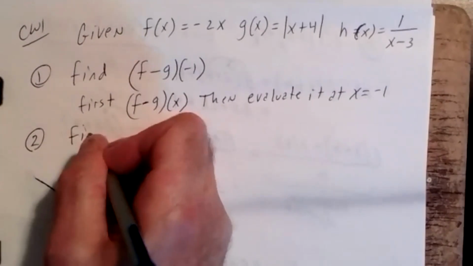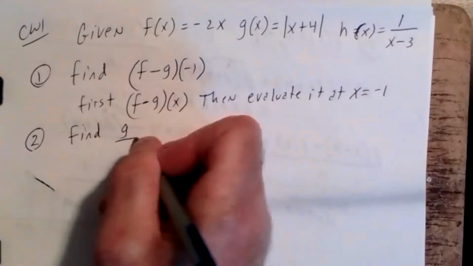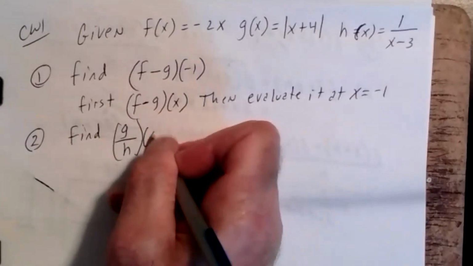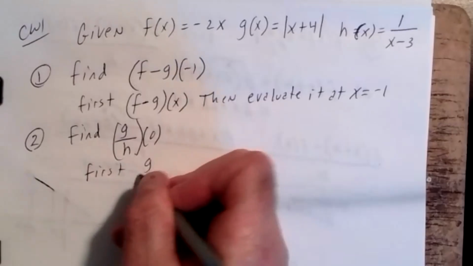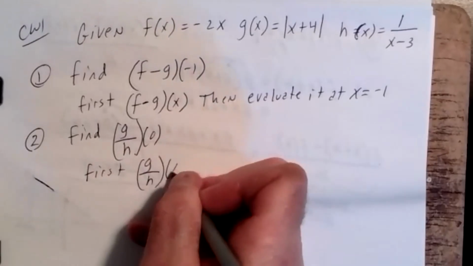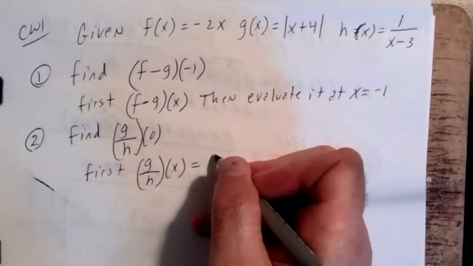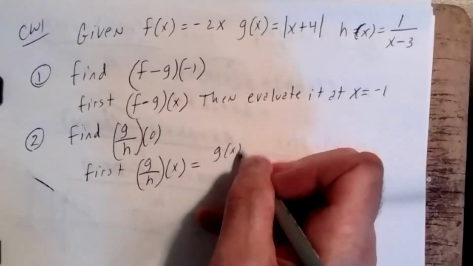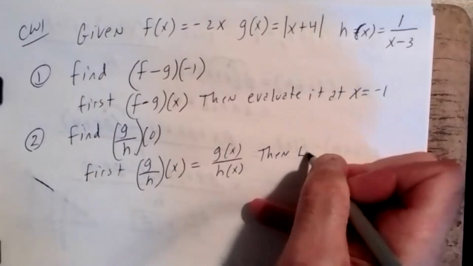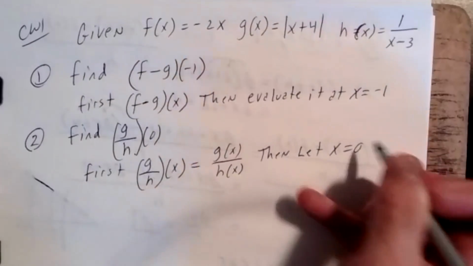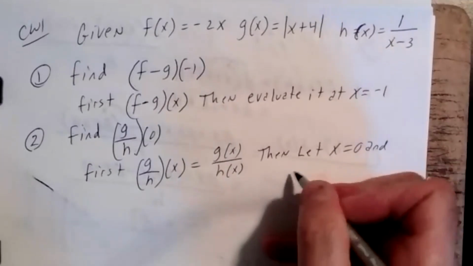Then I want you to find g divided by h of 0. Here's a hint. First, you got to find g divided by h of x, which is going to be g of x divided by h of x. Then you want to let x be equal to 0 and evaluate the function.